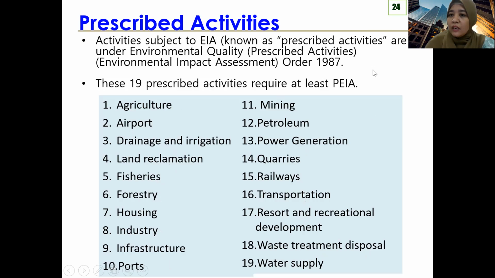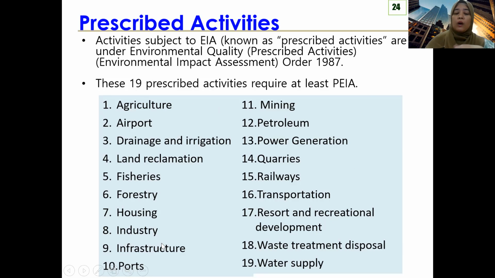As I said, not all of these activities require EIA, but there is a quantum, a minimum, for instance, a minimum size of agriculture or certain types of agricultural activities that need EIA. But you can see here all these 19 activities can have a significant impact on the environment. Therefore, that is why it is required.